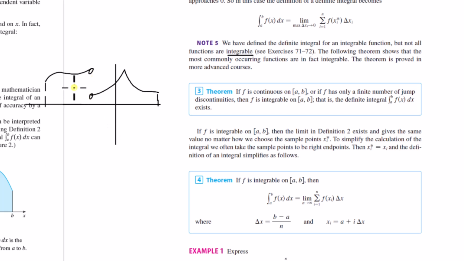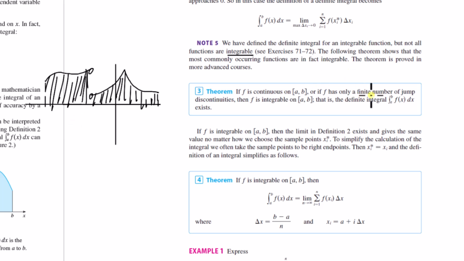Why does that make sense? Because we're just trying to find the area. The integral is going to be this, and that's going to be the definite integral.